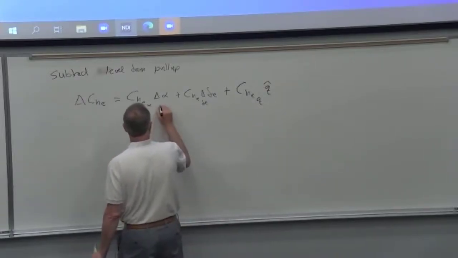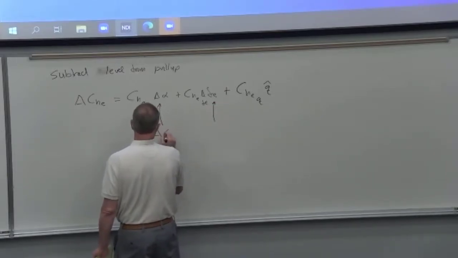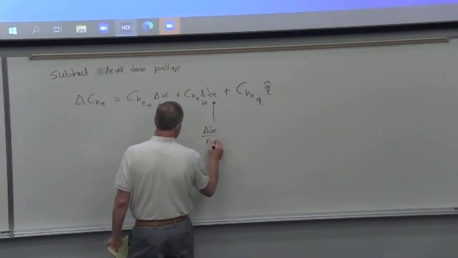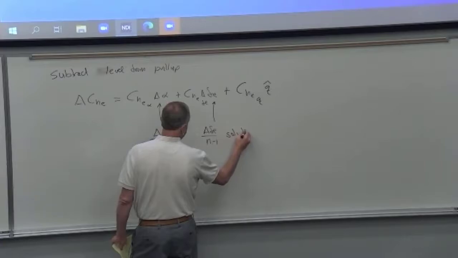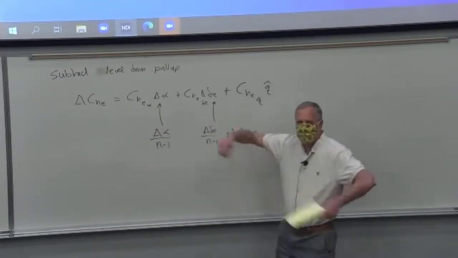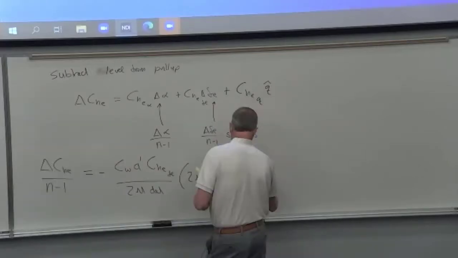And then this is the trim extra alpha, and this is the trim extra elevator. And so we're going to substitute in from those solutions that we had before. If you look back at them, remember the formula we had for this is this big long thing, right? So this is a big long formula we're going to get for how this changes with elevator. So after you do all that algebra, divide by n minus 1, because there's n minus 1s there.